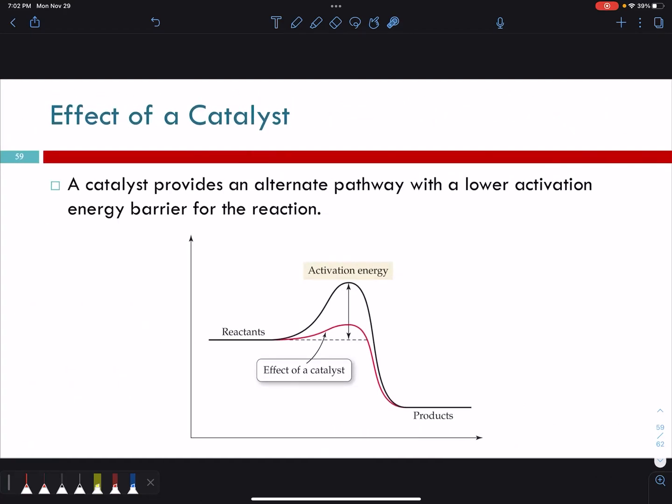So this catalyst provides an alternate pathway. And by lowering that barrier, really you're lowering the barrier to entry, more of your collisions will react because more of them have the requisite energy. So you can form your products faster.